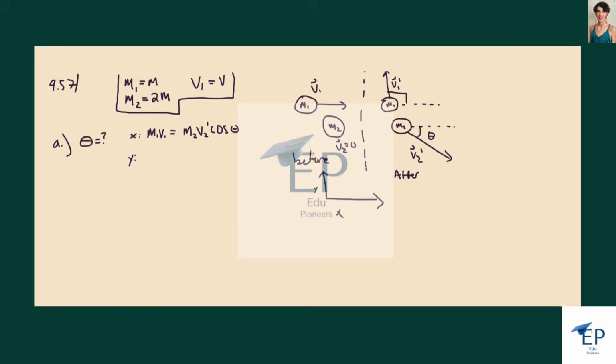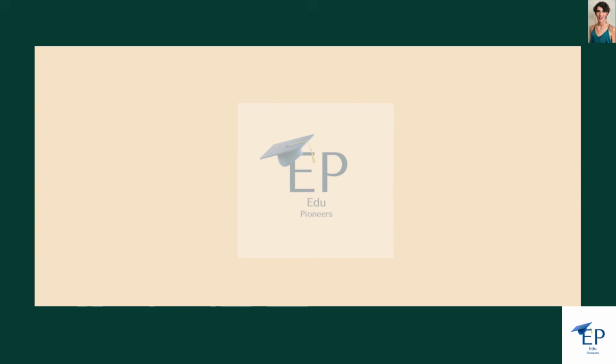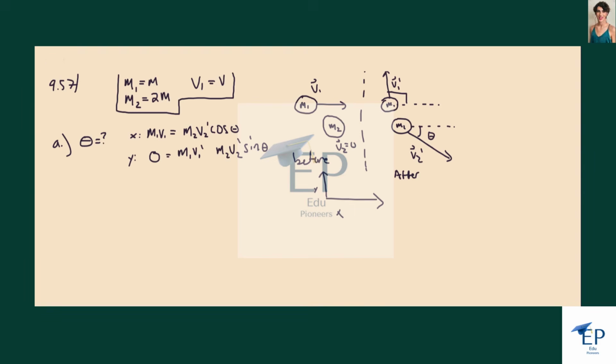Okay, so now in the y direction, initially nothing in the y, and then finally we have m1 v1 prime, but we also have m2 v2 prime times the sine of theta. Sorry, I did a plus there. That actually should be a minus sign, because you should see from our drawing these are going to be in opposite directions. They have to add up to 0. So that is a minus sign there.